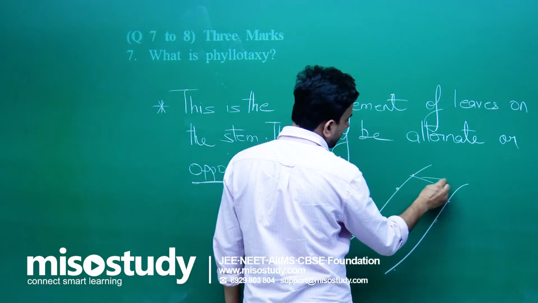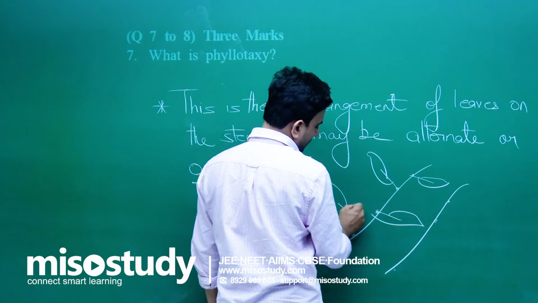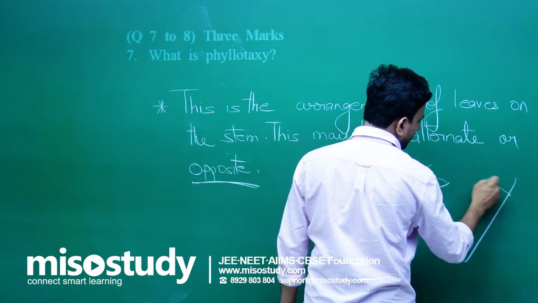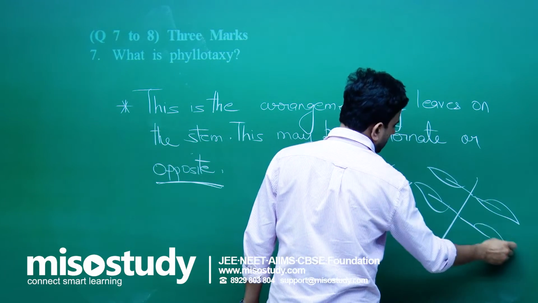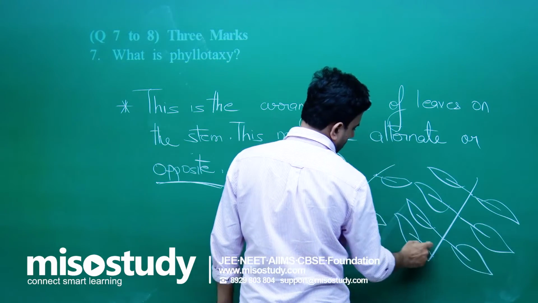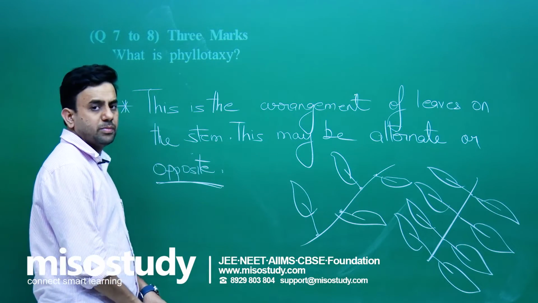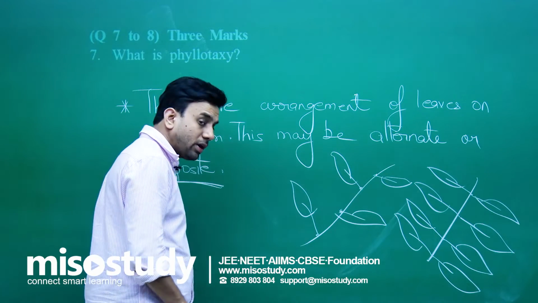In the alternate arrangement, we will see alternate leaves present like this. However, in the opposite arrangement, we will see it like this, and that is what we mean by phyllotaxy. So you can put this in words and this will frame your answer.